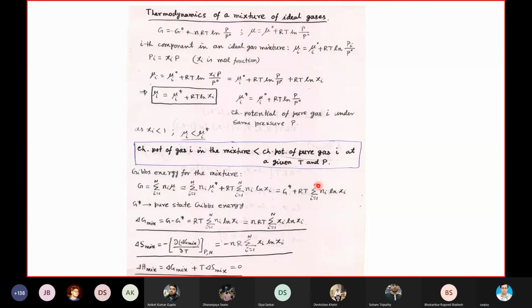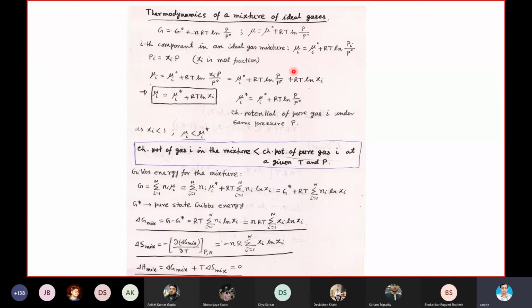We are considering ideal gases for simplicity. Once again, this is our equation, G equal to G0 plus nRT log P by P0, and if you do it per mole, then G can be written as the chemical potential. In the pure phase, mu equal to mu0 plus RT log P by P0.